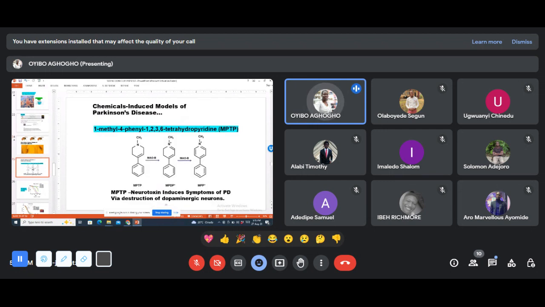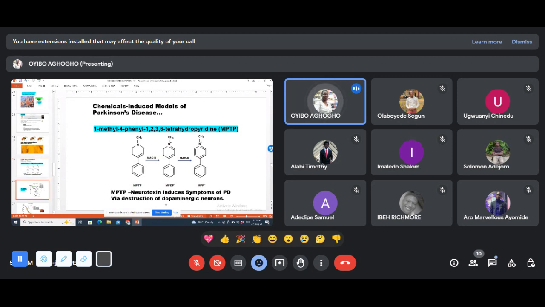So I went further to look at MPTP, and I said that this toxicant is something that induces Parkinson's disease. One way is that it depletes the dopaminergic neurons, and that is one thing that happens to Parkinson's disease patients. The dopaminergic neurons are destroyed.